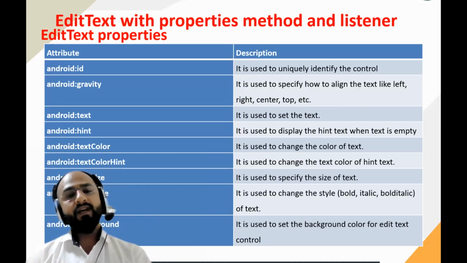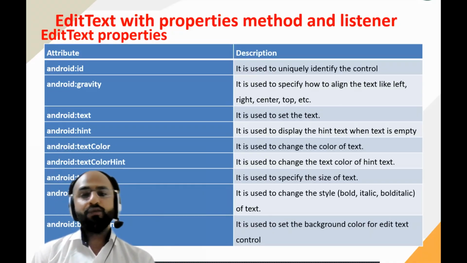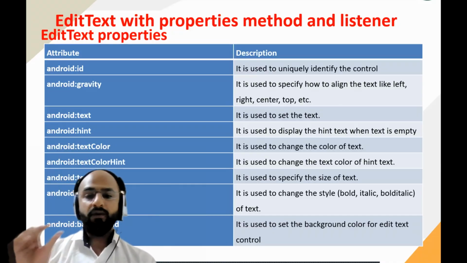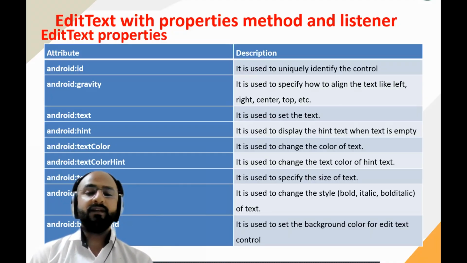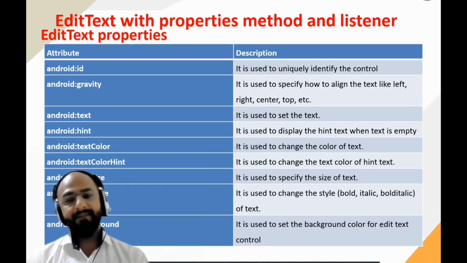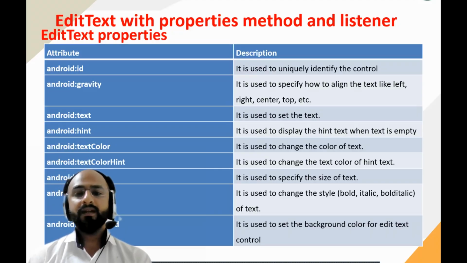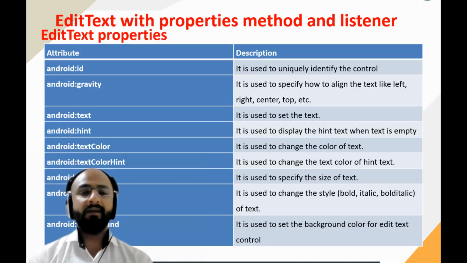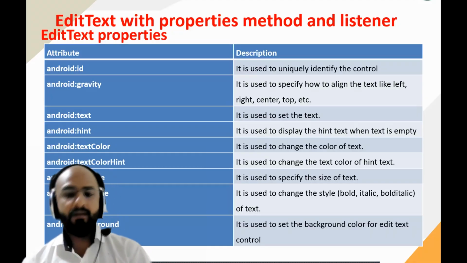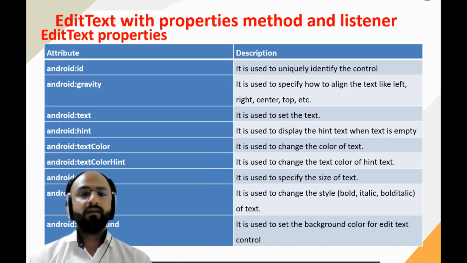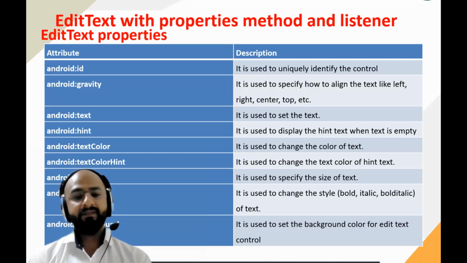Now you need to change the color of the hint text, so it is used to change the color of the hint text. textSize is used to specify the size of the text that will be entered by the user in the EditText. Then textStyle is used to change the style, bold or italic, of the text that will be entered by the user into the EditText.